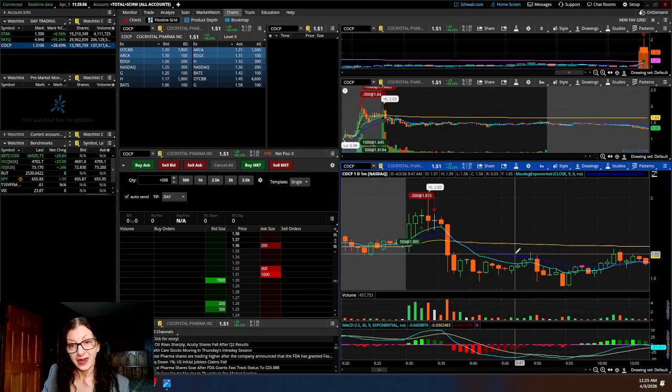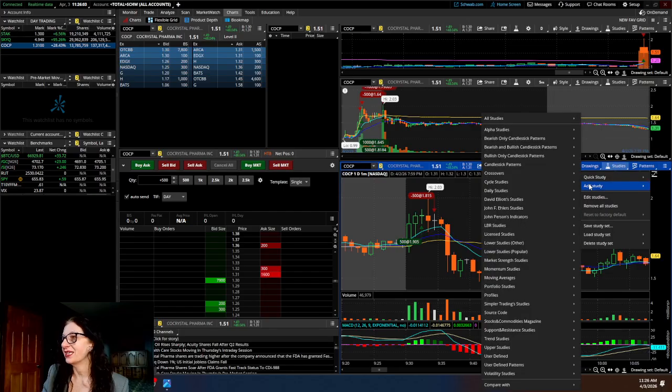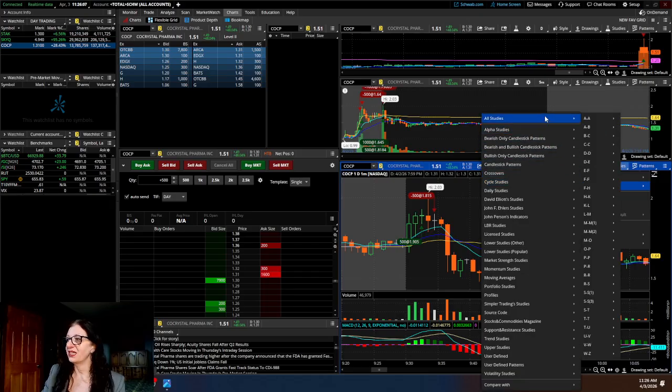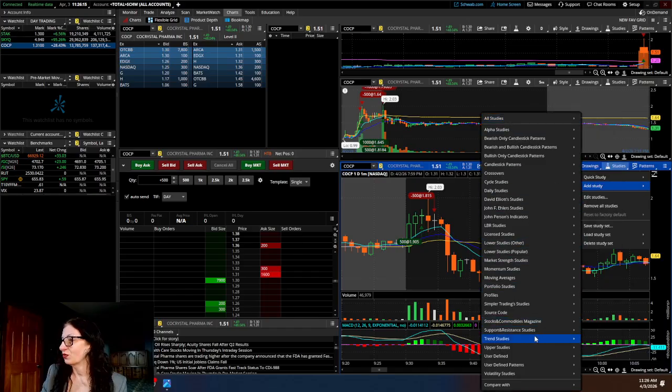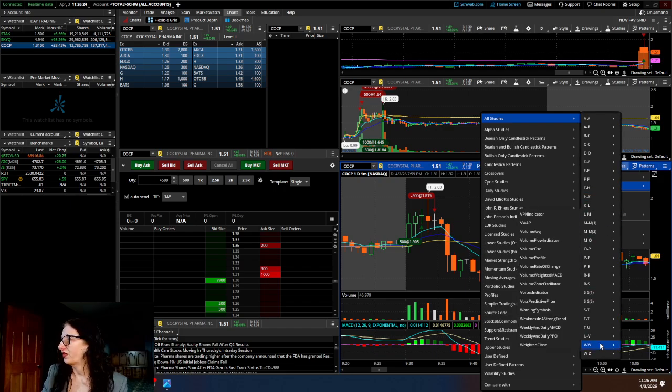And if you want to add it to your charts in Thinkorswim, you're going to go to Studies. You can add a study, and you can go up here where it says All Studies, and it will give you an alphabetized list of all the studies, or you can scroll down to the section that the study is in. So if we go to section V, you can see it right there, VWAP.